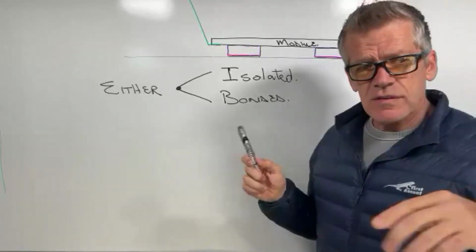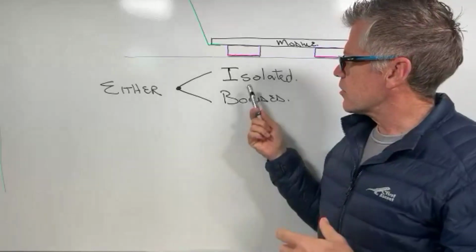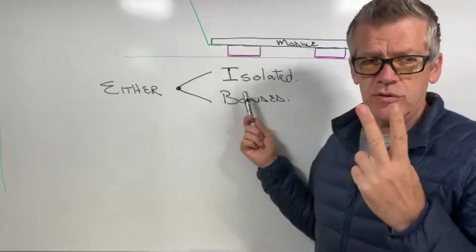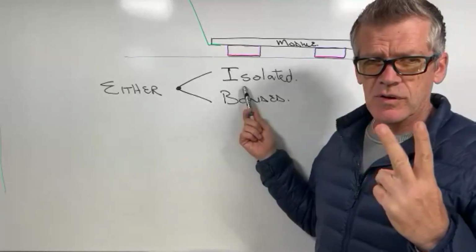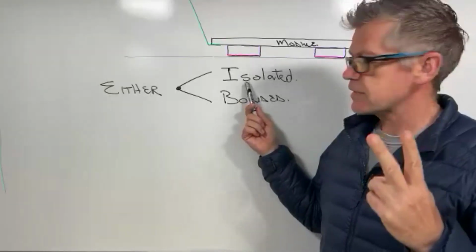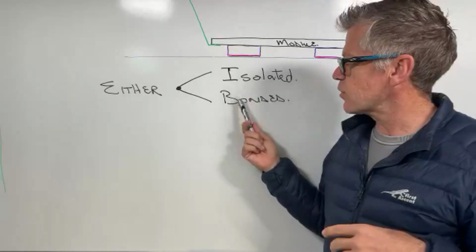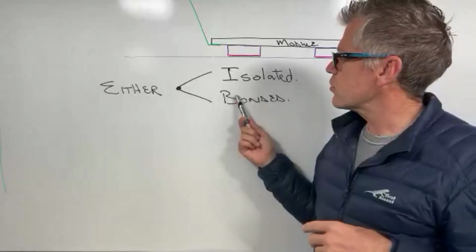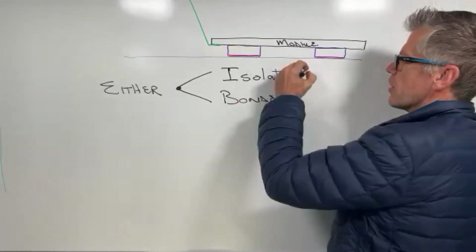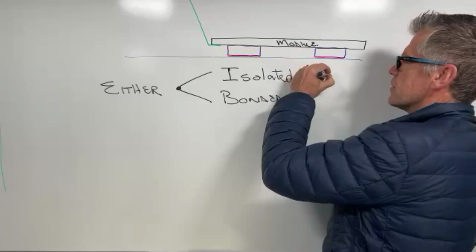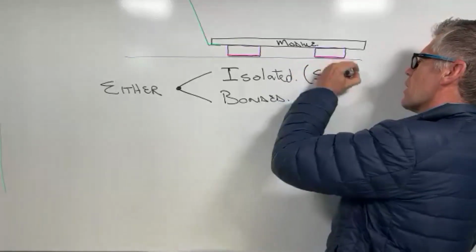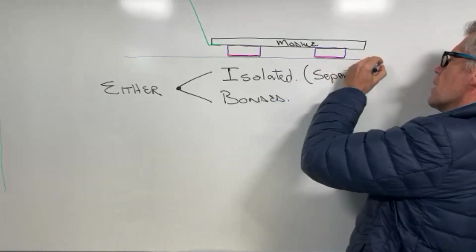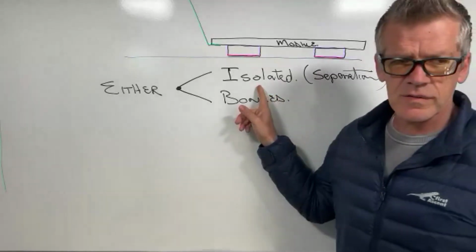The separation distance got me thinking because you effectively get two types of lightning protection systems. You get an isolated one and you get a bonded one. The one where you have the separation distance, that's on the isolated one, isn't it?